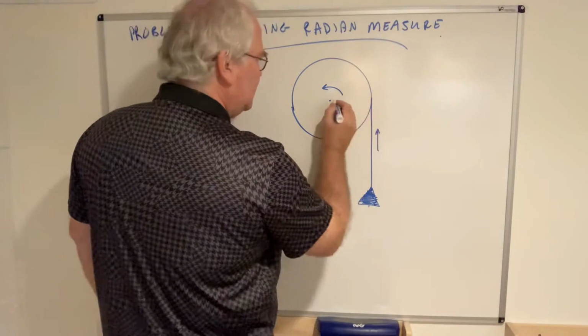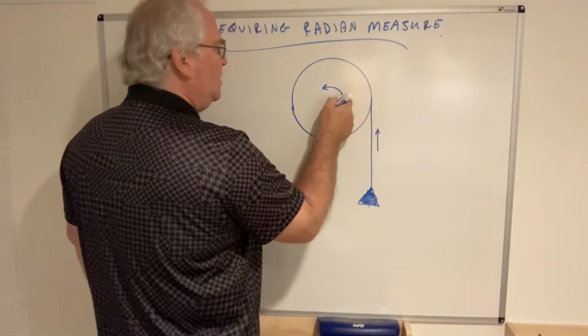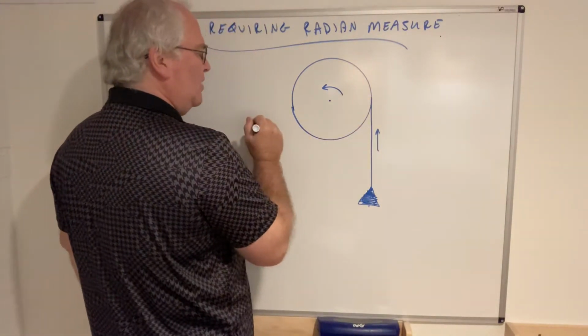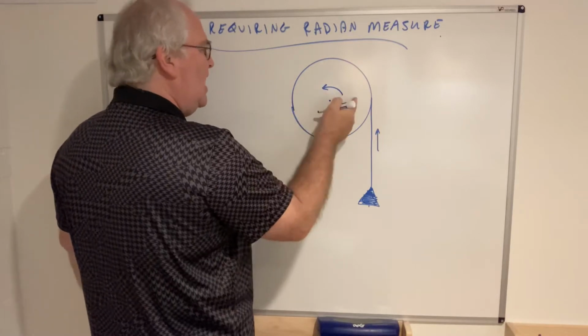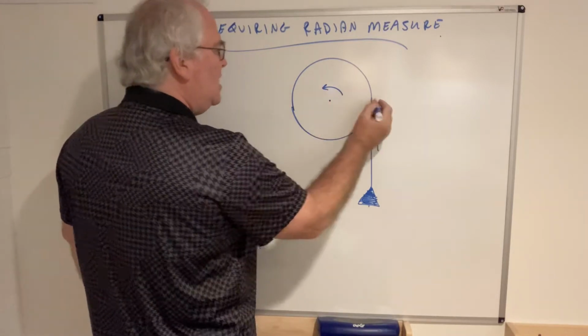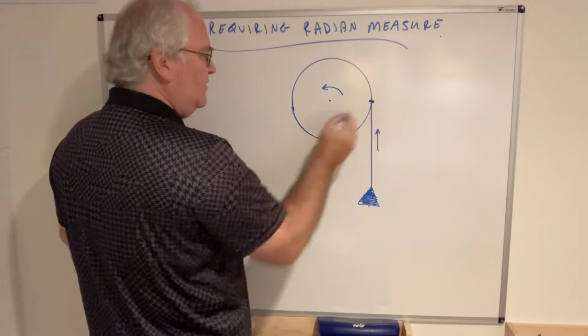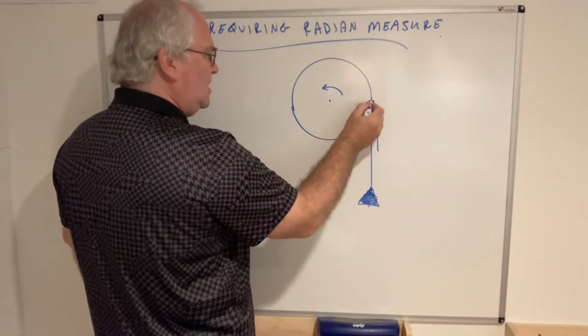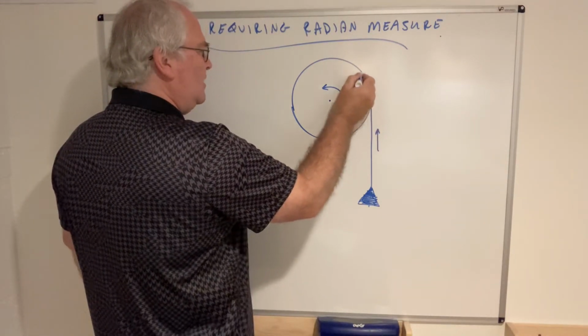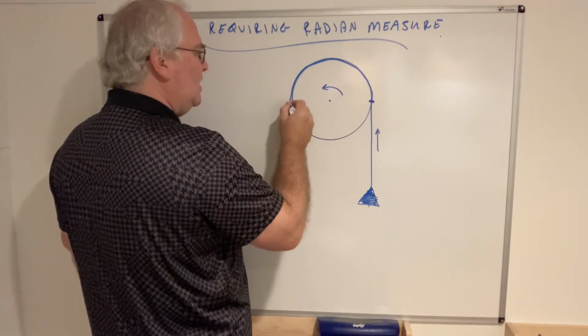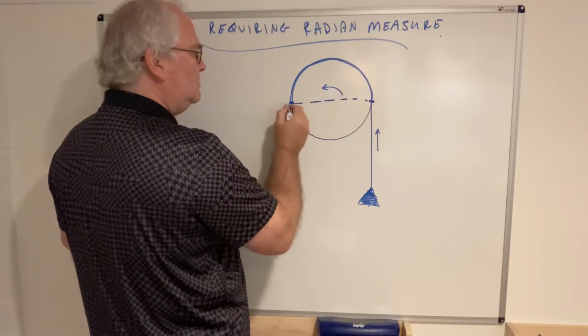Well, notice that if this does go 1/2 of a complete rotation, that's 180 degrees. So this point at the start is here. 180 degrees later, this point is over here. Right?